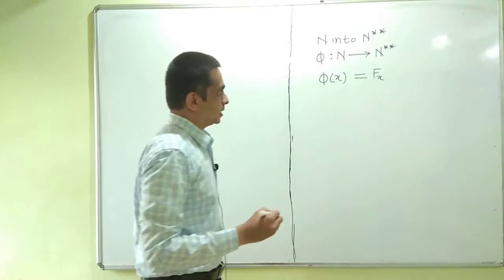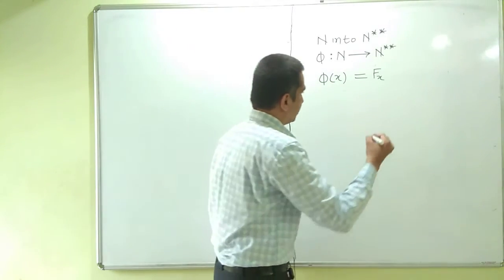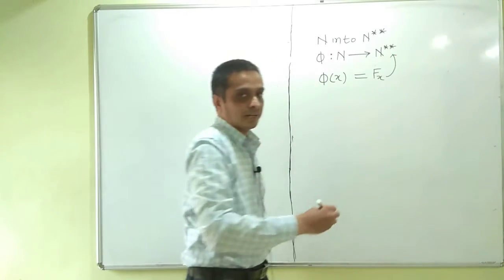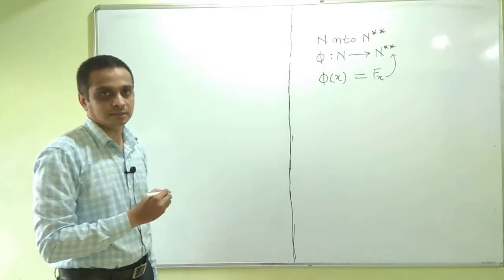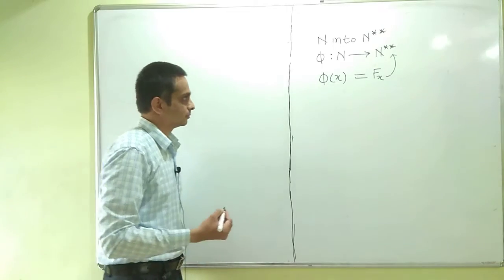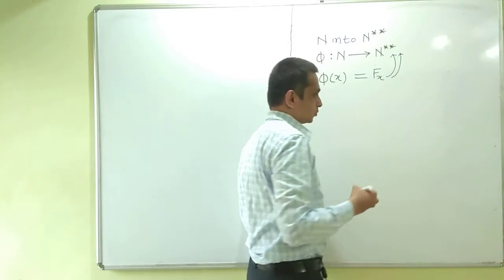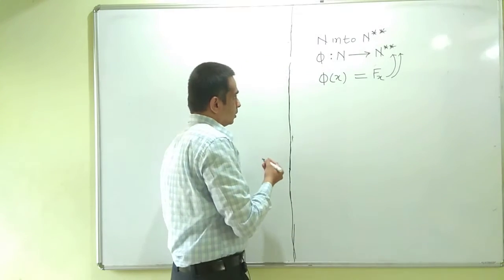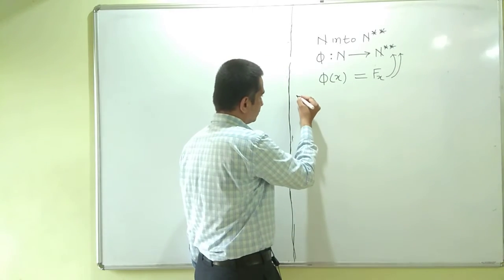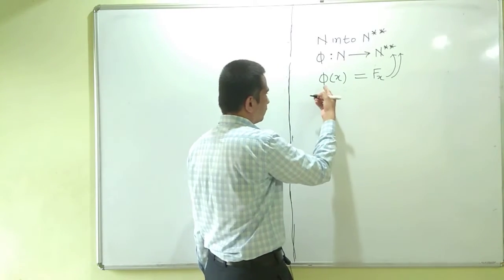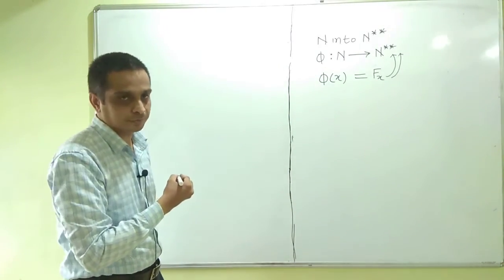In the previous lecture, we proved that Fx is linear and bounded, and this verifies the fact that Fx is in N star star. Now we want to prove that, due to boundedness of Fx, phi is also bounded, that you note.